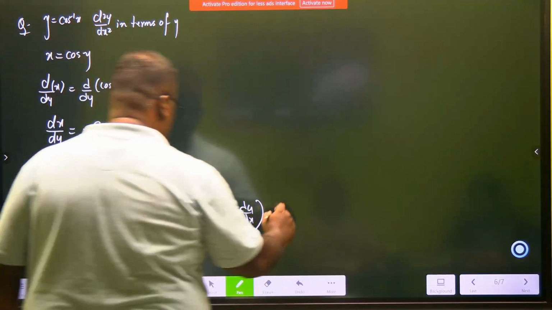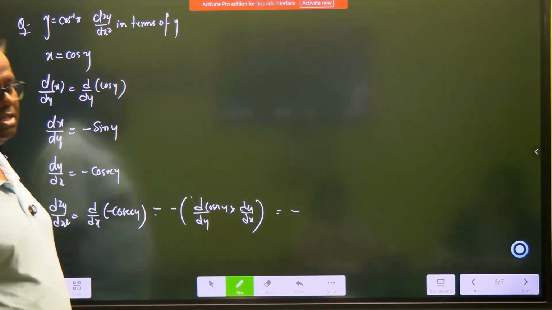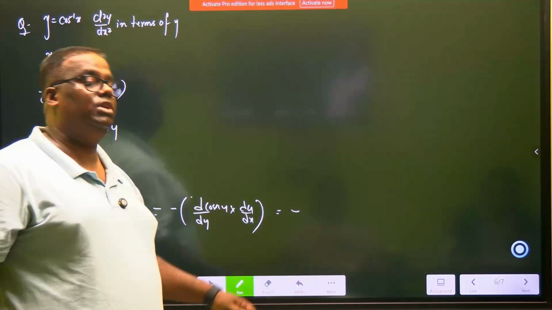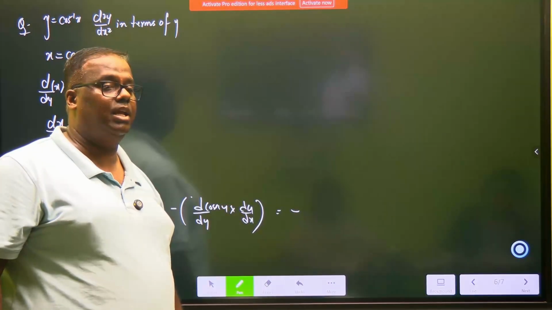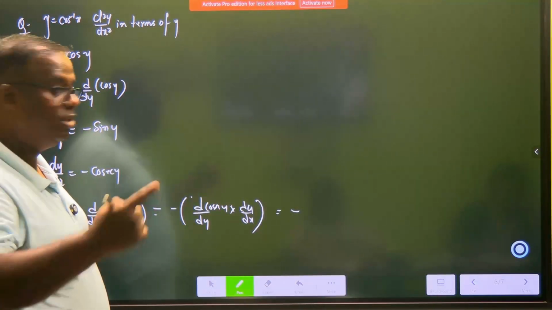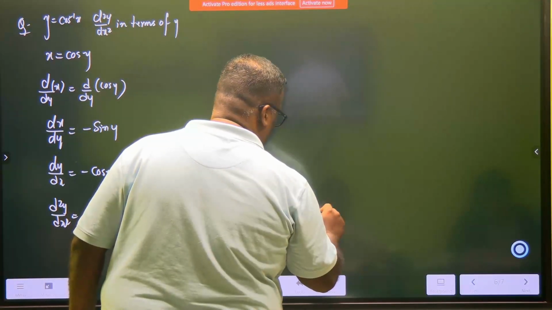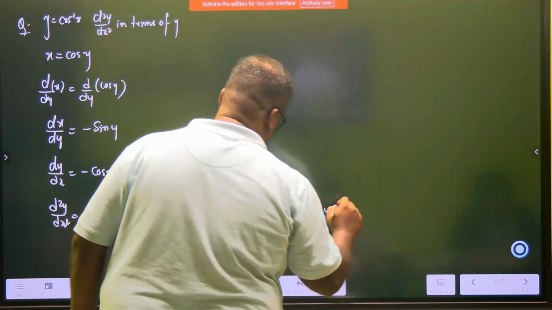What will this yield you? It will yield negative d/dx of cosec. What is d/dx of sec x? Sec x tan x. So d/dx of cosec x is cosec x cot x, but with a minus, and that minus will cancel this. So it becomes cosec y cot y.